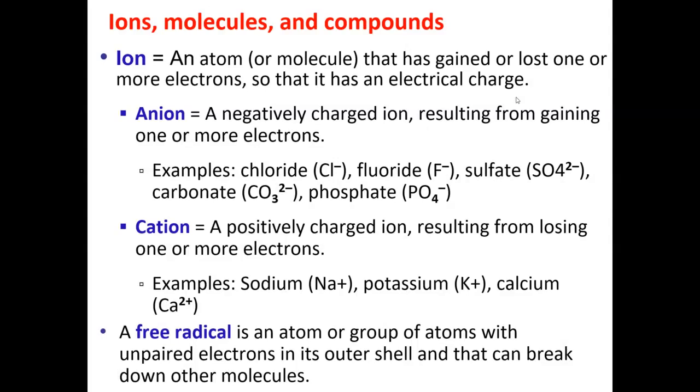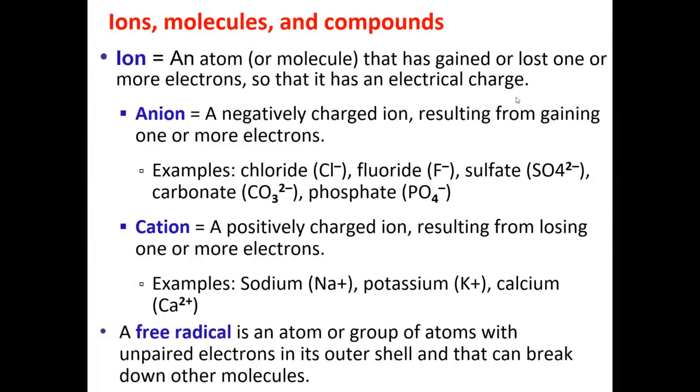Atoms can lose one or more electrons or gain one or more electrons, and then we call an atom like that an ion. It's an atom or a molecule that has an electrical charge, because now the number of positive protons and the number of negative electrons is not the same anymore.